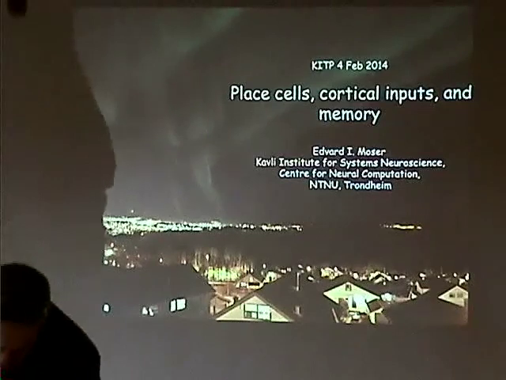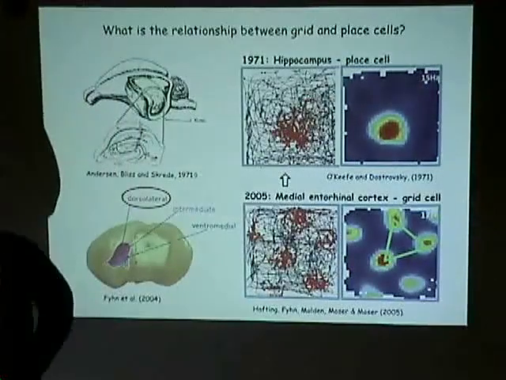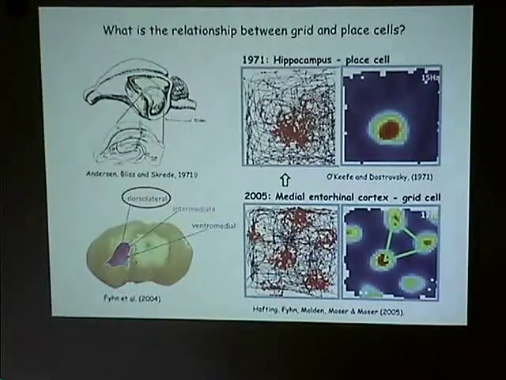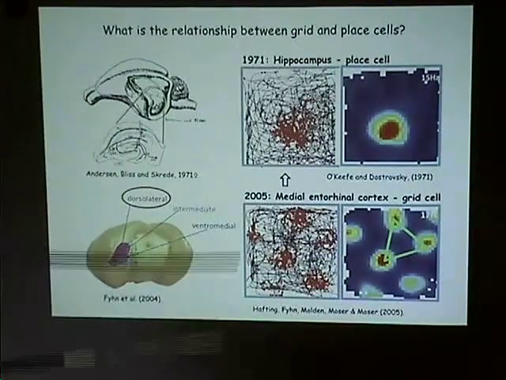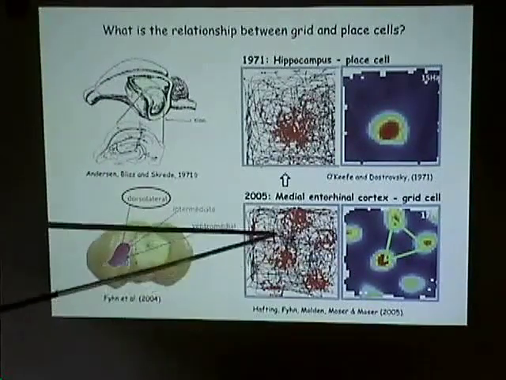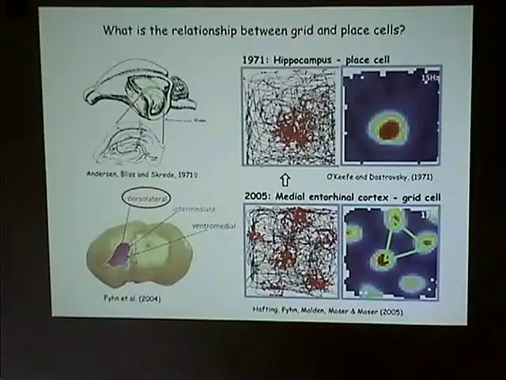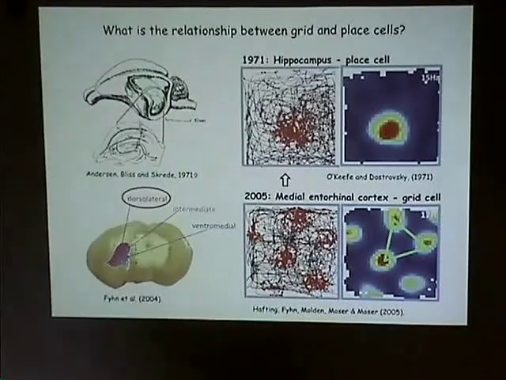Okay, so if we go almost 10 years back to the grid cells, 2005. When we observed these grid cells, one of the first things that happened was, of course, that both we and many others asked, is there a relationship between these cells and the place cells in the hippocampus?